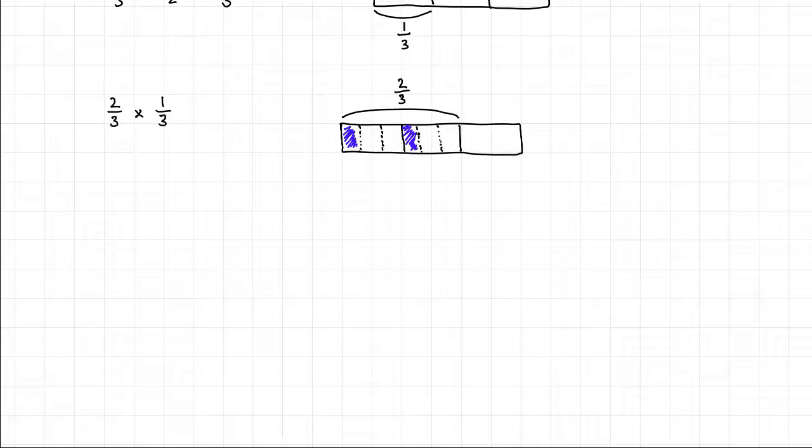So my answer this time is these two blue sections here. Now what's the size of these blue sections? So to find the size of these, I need to think about this split into 3 as well. So let's show that.